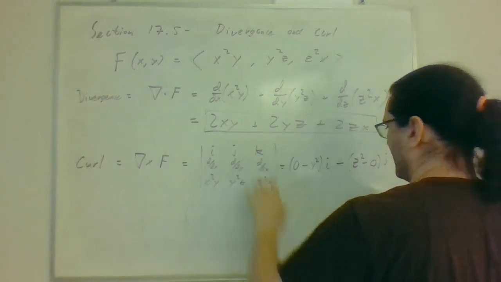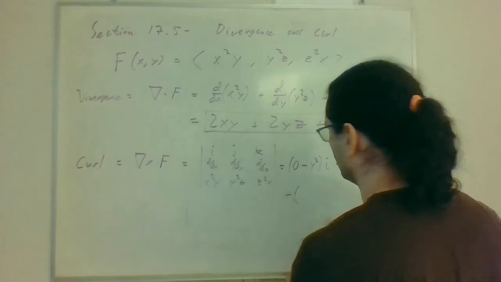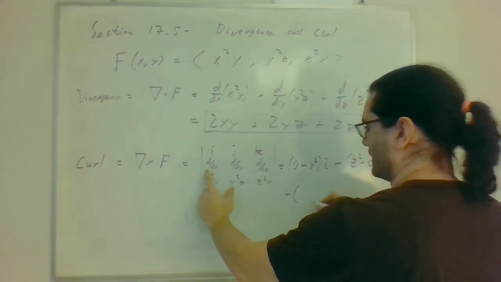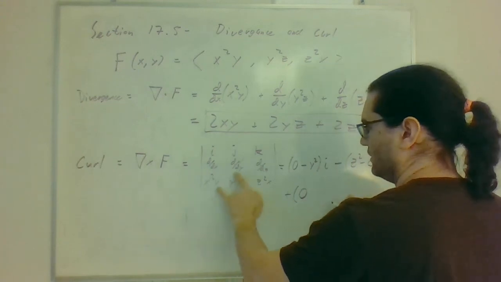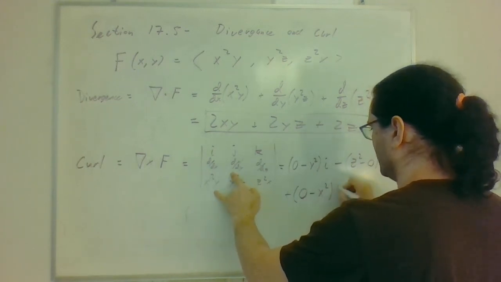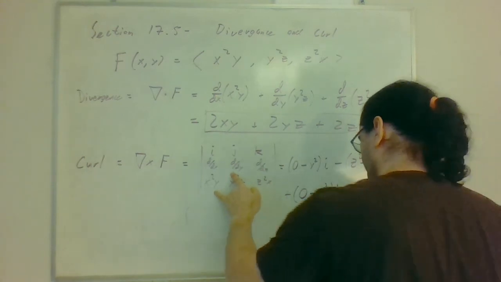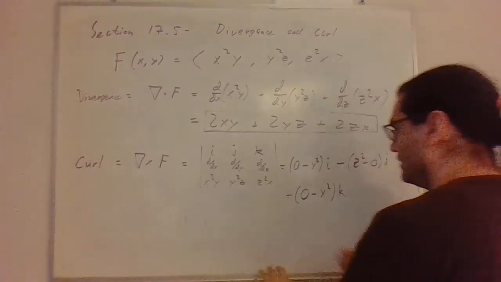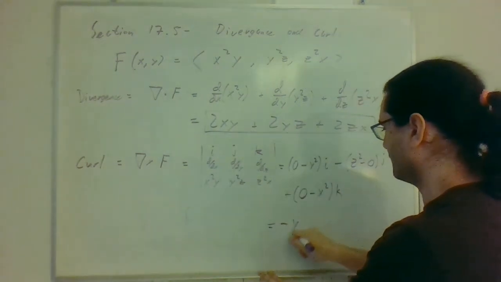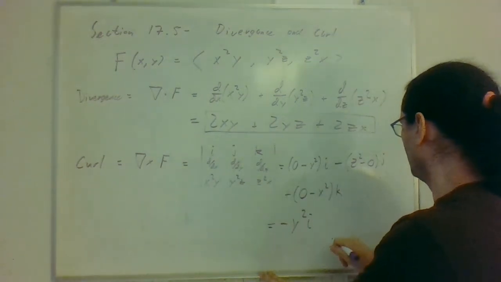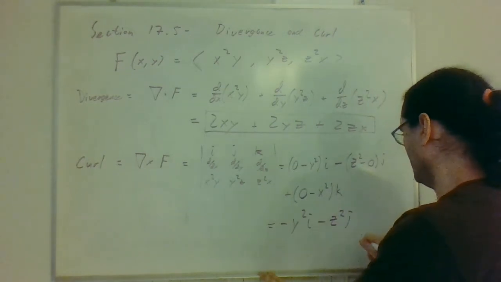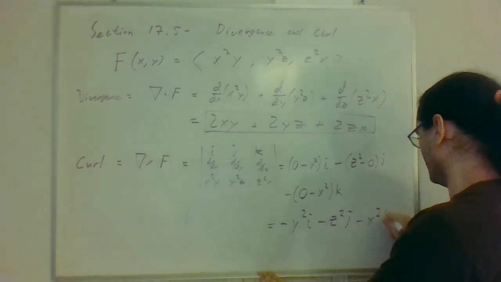And the k component is going to be derivative of this with respect to x, so 0, minus the derivative of this with respect to y, so x squared k. So we have, with a little bit of simplification, negative y squared i, negative z squared j, and negative x squared k.